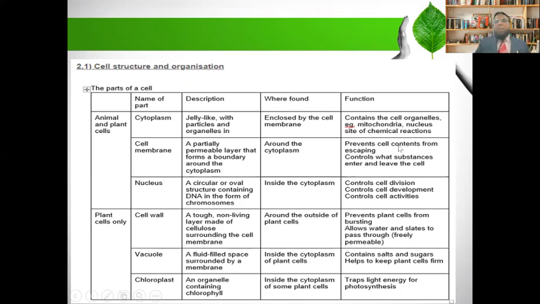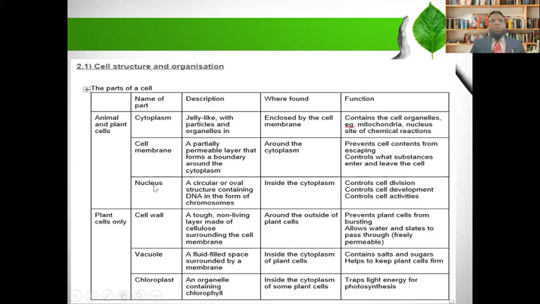It prevents cell contents from escaping and controls what substances enter and leave the cell. Whenever any substance enters the cell, it crosses the membrane. Of course, the useful substances enter the cell, and if the substances are harmful, they exit from the cell. So this cell membrane provides the permeability of the cells, and it controls the movement of materials in and out of the cell. So this is also a common structure which is found in plant and animal cells.